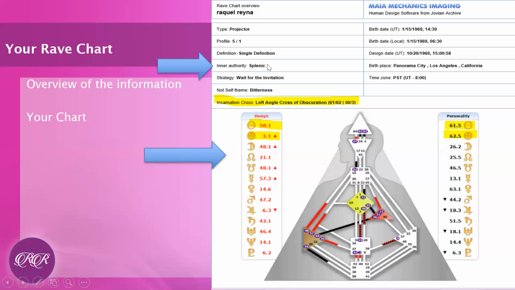Your inner authority is how you make decisions. So once you learn what your inner authority is, you do want to take on the experiment of living your life by design, meaning experimenting with making decisions only based on your inner authority. Once you do that, you can understand whether this information actually works or not.